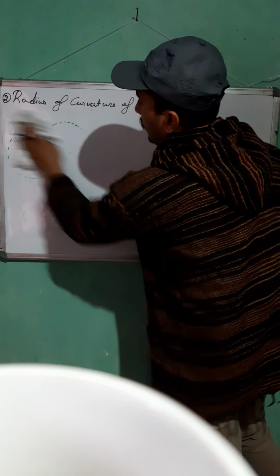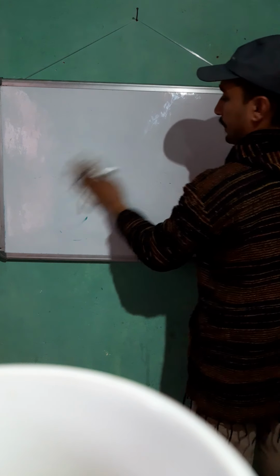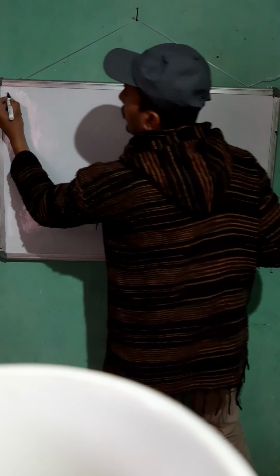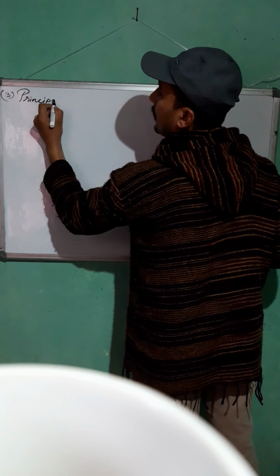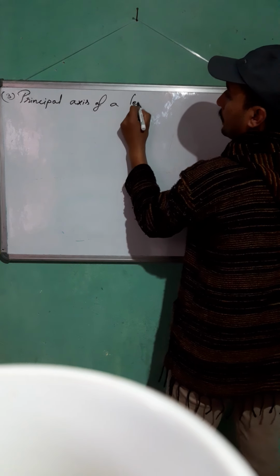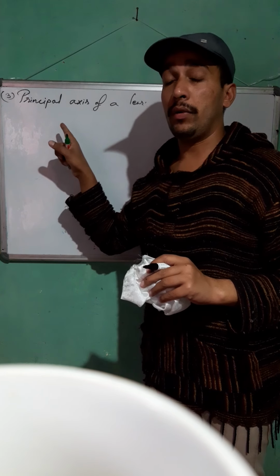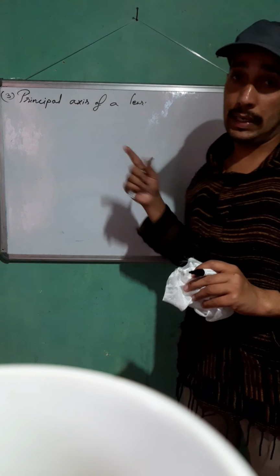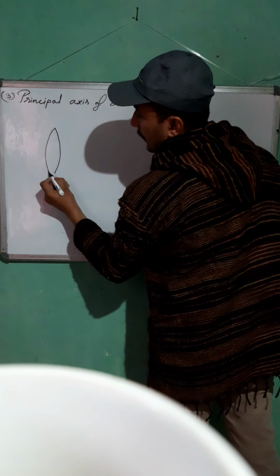Next is principal axis. Number 3 is principal axis of a lens. It is the straight line joining the two centers of curvature of a lens. So I'm making a convex lens.